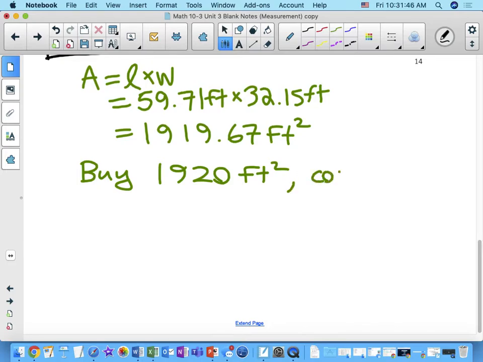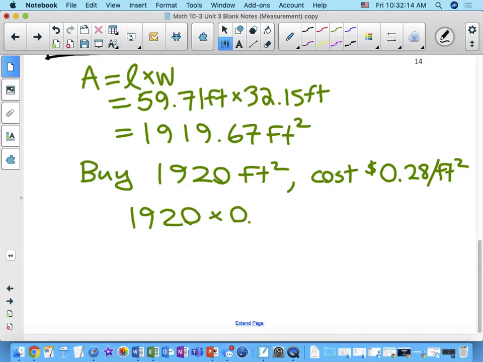The cost is it 28 or 29? 28. Okay, so how would we figure out the total cost? 1920 times 0.28.